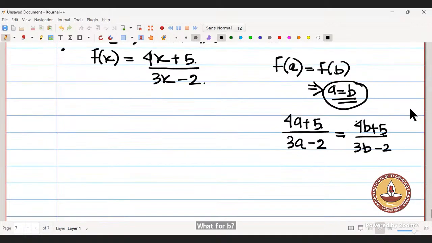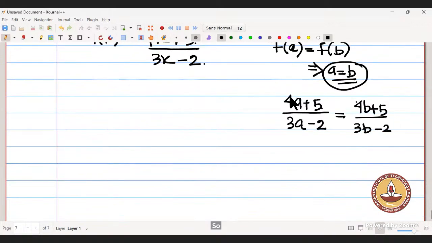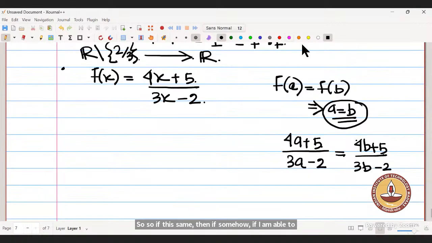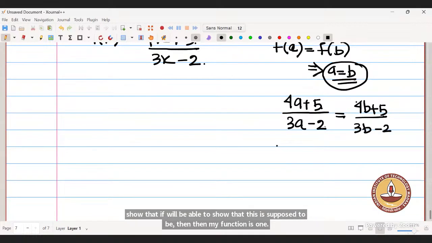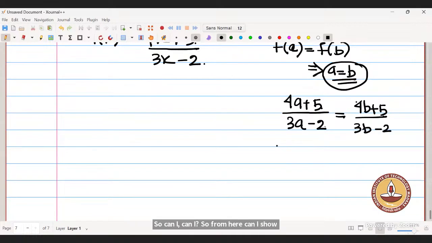If somehow I am able to show that a is equal to b, then my function is 1-1. Can I show that a is equal to b from here?